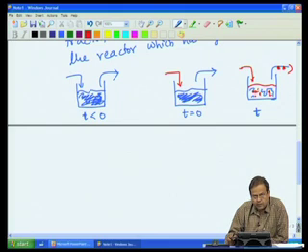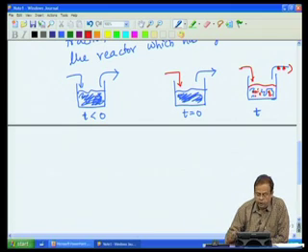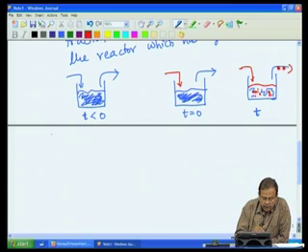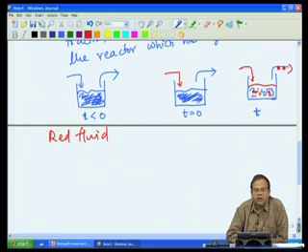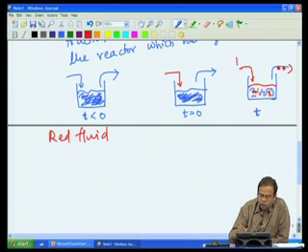So, let us try to see how this situation can be described. What I am going to do is take a balance on the red fluid at some time t, and I am going to say that the flow rate of this fluid is f prime.